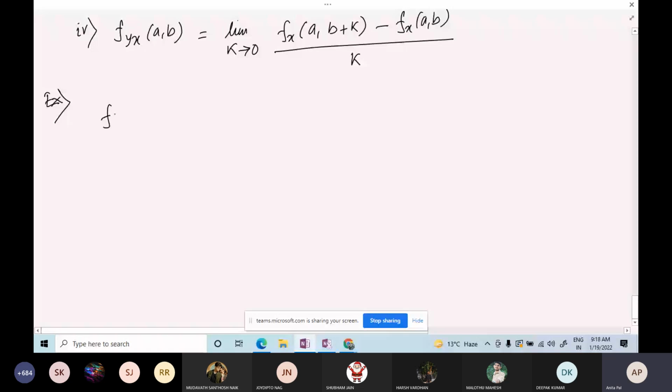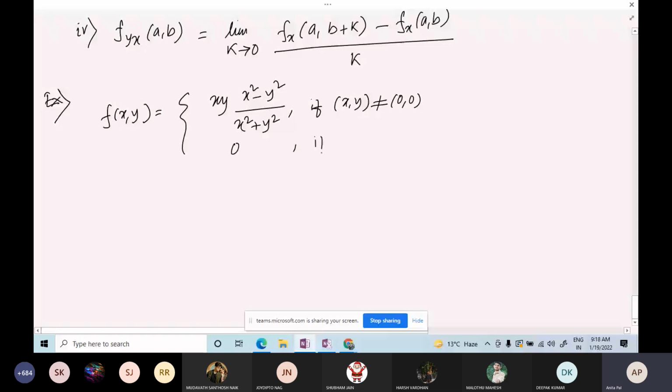One function is given to us. The function is like this.